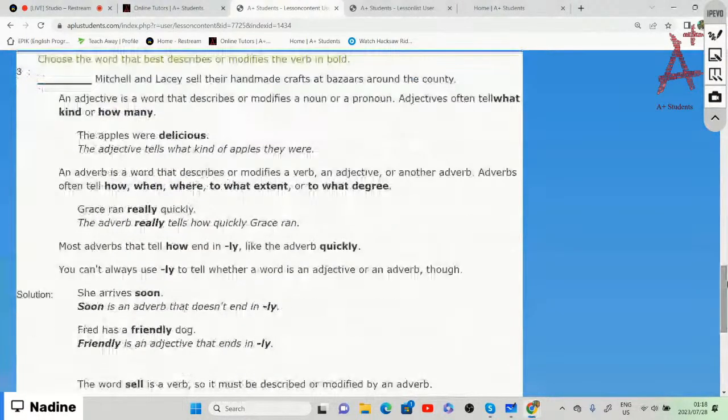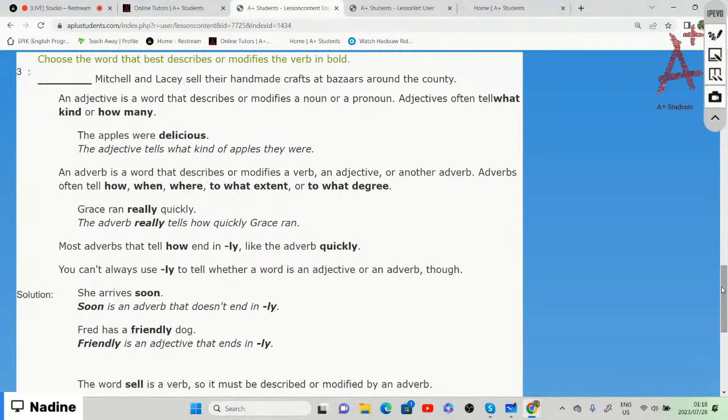We need to choose the word that best describes or modifies the verb in bold. And if we choose a word that best describes or modifies a verb, then it means that we are looking at adverbs.